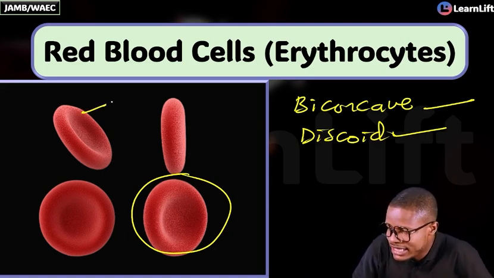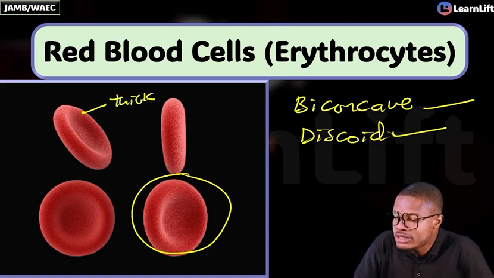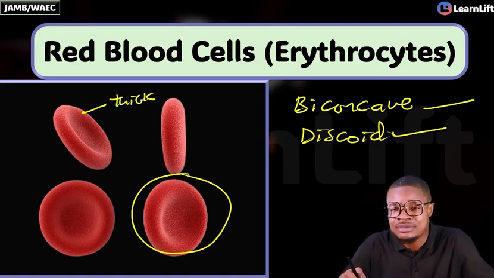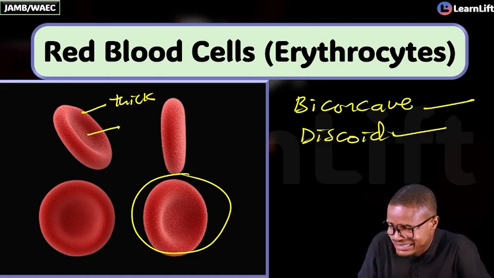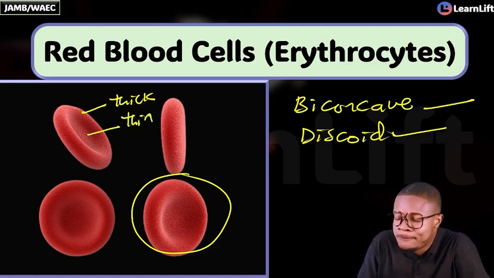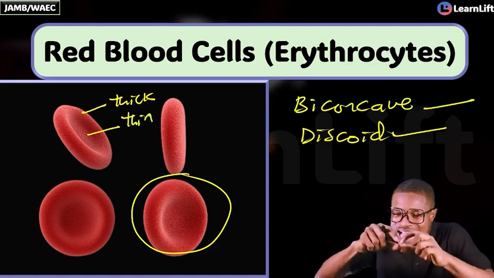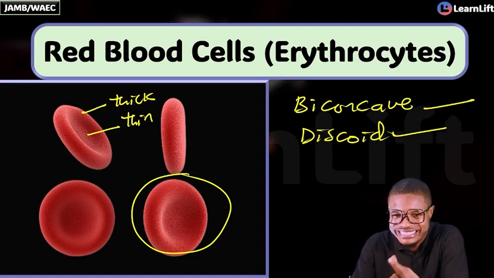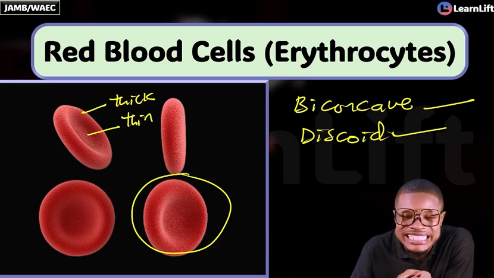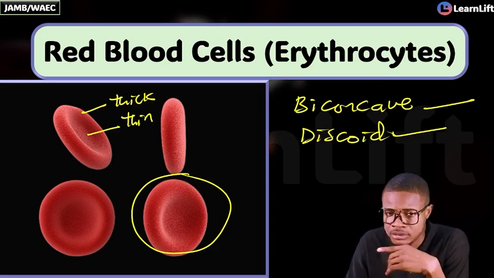That means these edges here, they are what? They are thick. So your red blood cells is thicker at the where? Periphery. And then thin at the middle. So the middle there is what? Thin. But the periphery, the outside, is thick. The inside is what? Thin. That's why it is biconcave or discoid in what? In shape. Does it make sense?